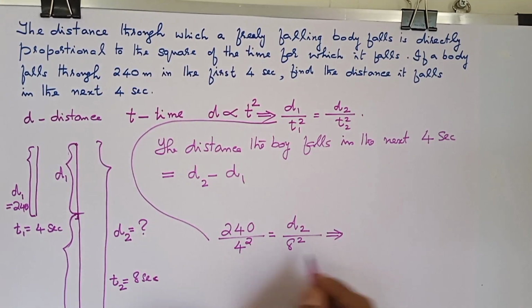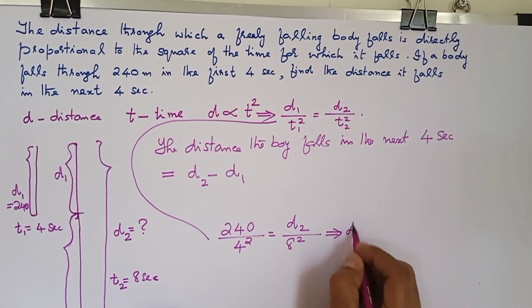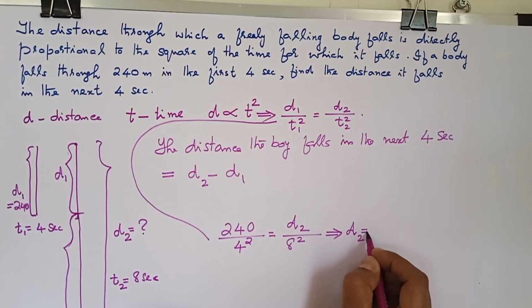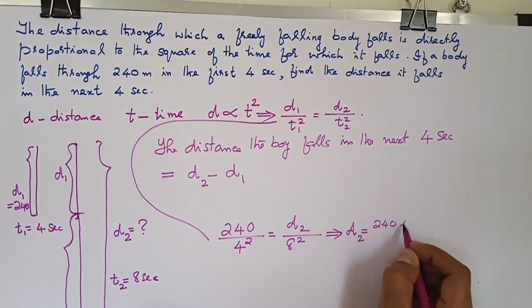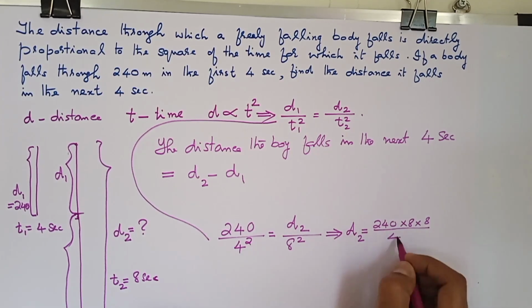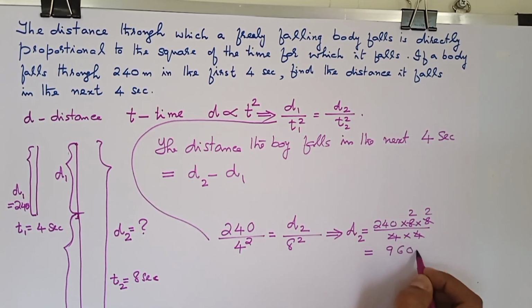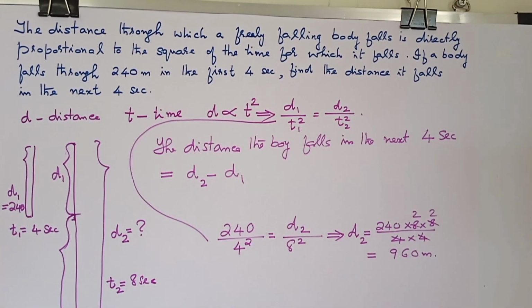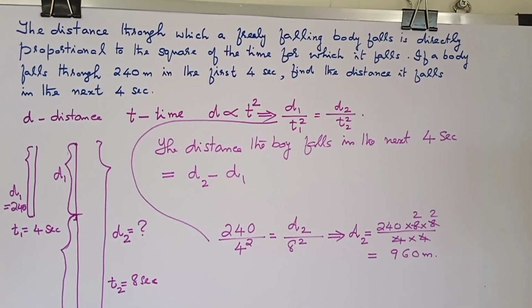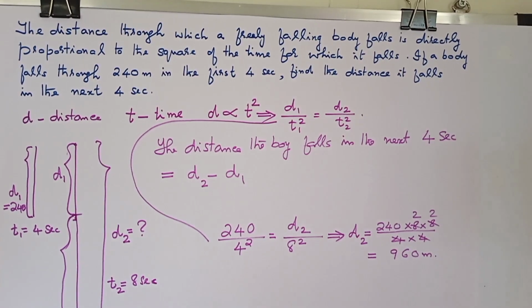Now just cross multiply and simplify. Finally you will get D2 as 960 meter.